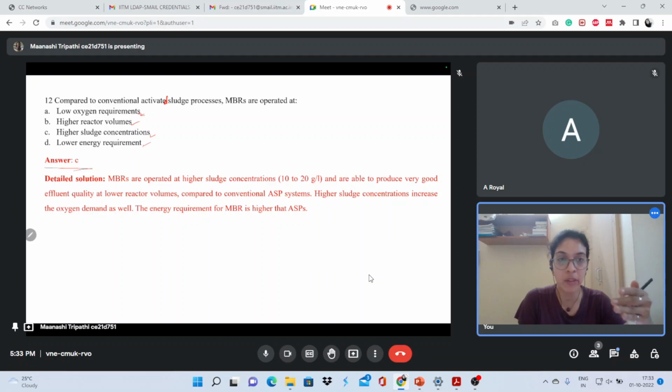So the reactor volume will be divided by 4 or 5. Higher sludge concentration will be there in MBR, yes. Lower energy requirement will not be there, no, because now for the cleaning of MBR, more sophisticated equipment is required for the cleaning.